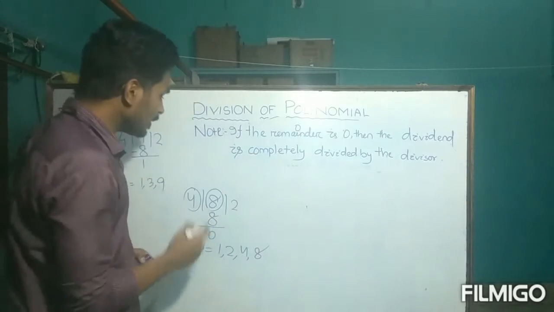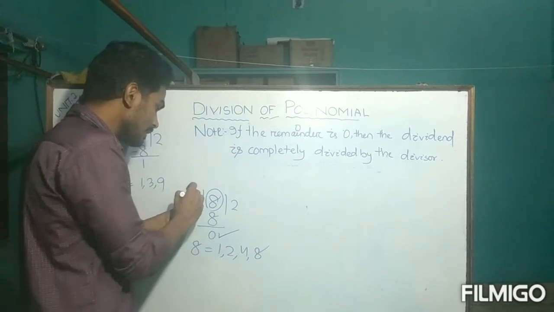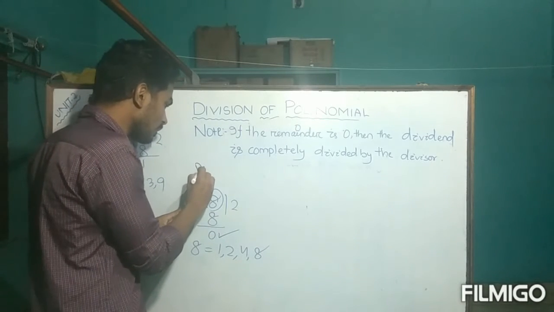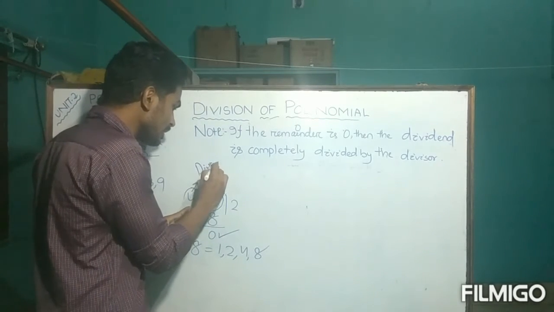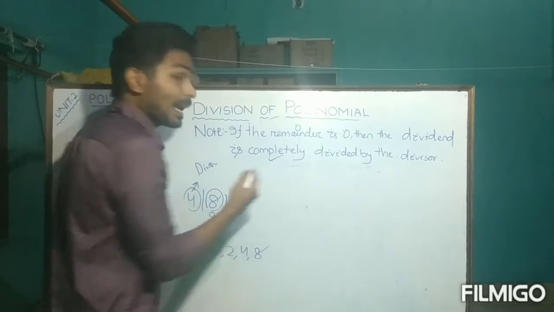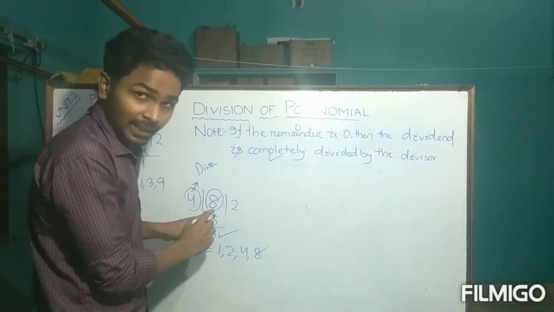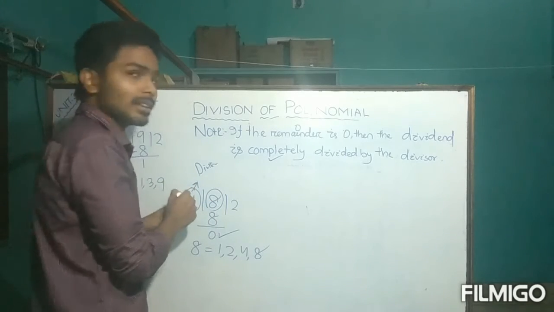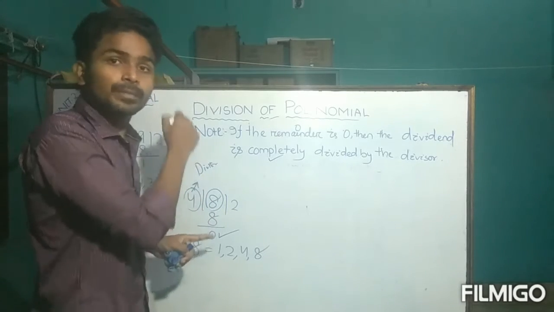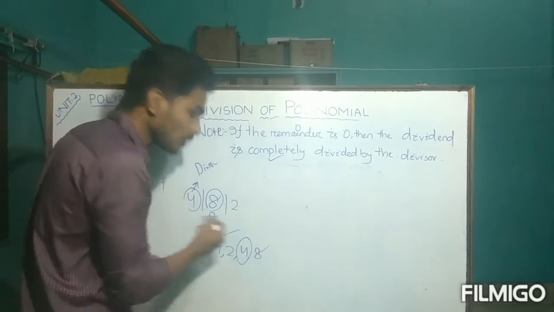Understood? So finally we conclude that if the remainder is 0, then the number 4, here known as the divisor, completely divides the dividend. And the second thing we got is that if it completely divides the dividend, then that divisor, 4, is a factor of 8, because the factors of 8 contain 4.